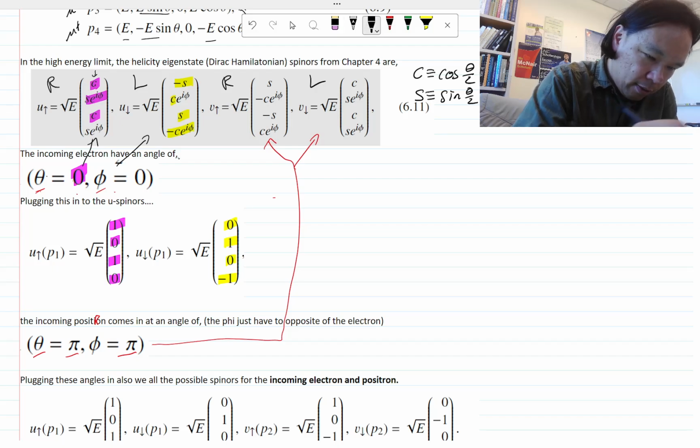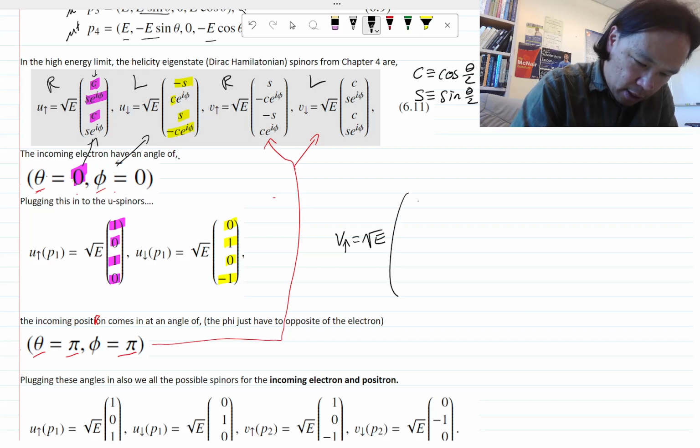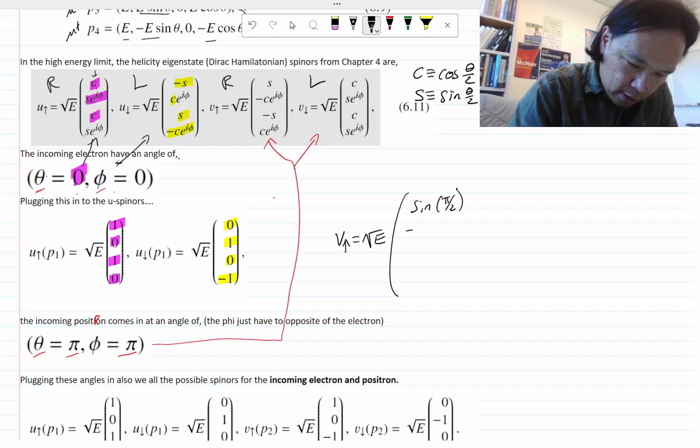So in fact, I'm going to write this out. The right-handed antiparticle spinor is going to be square root of E, and it's going to be sine of pi over 2, and then minus cosine of pi over 2, e to the i pi. Oops, not pi over 2, because that doesn't have that 1/2 definition to it. Pi, okay, minus sine of pi over 2.